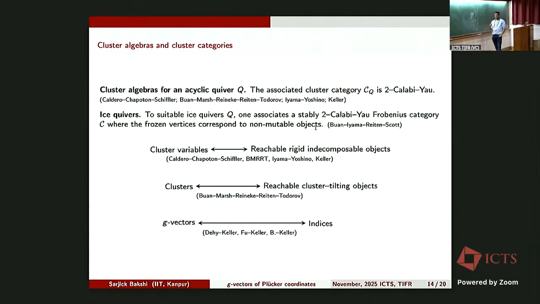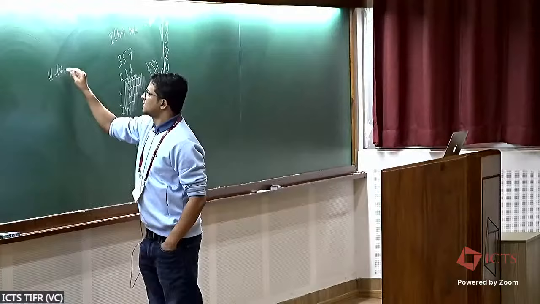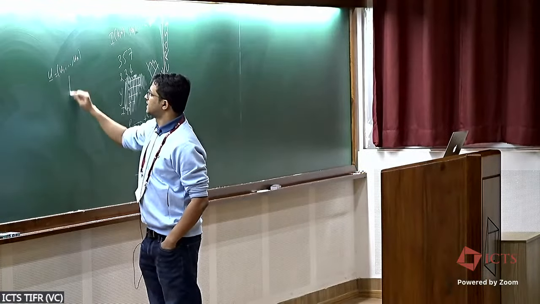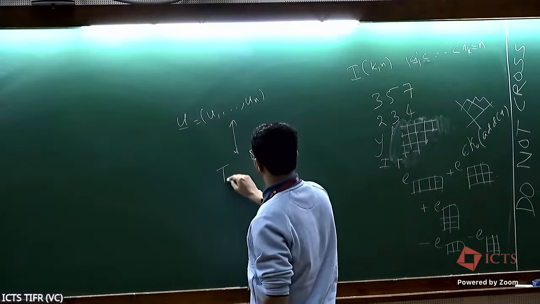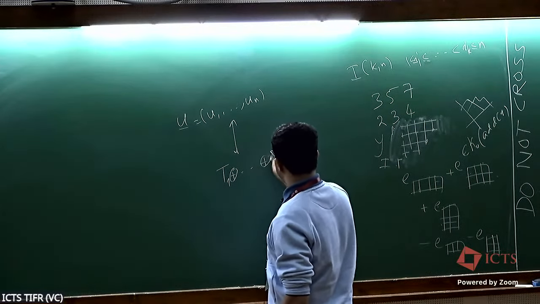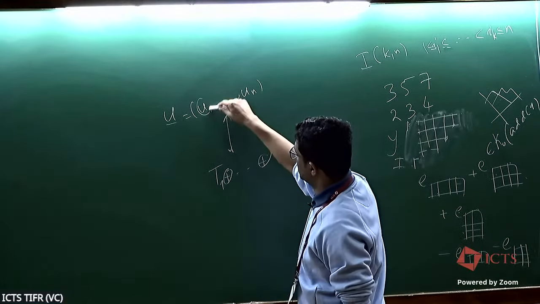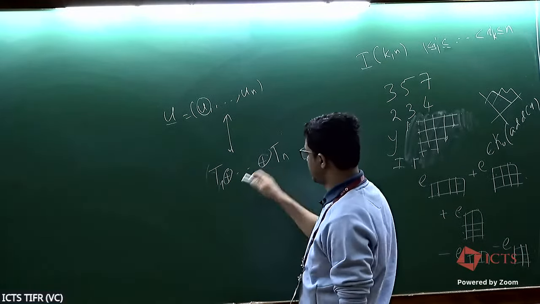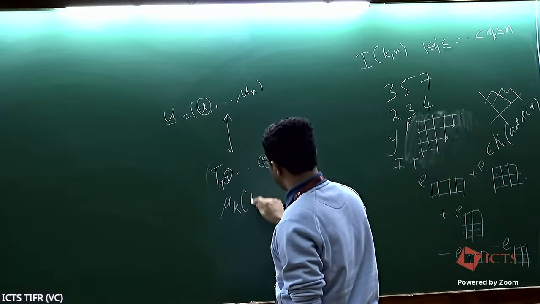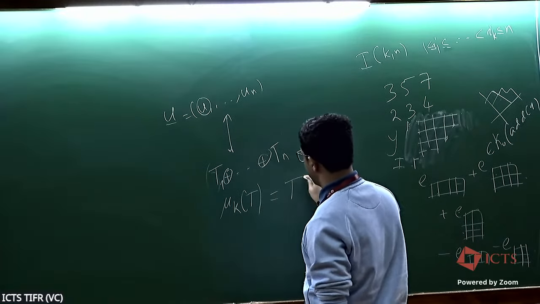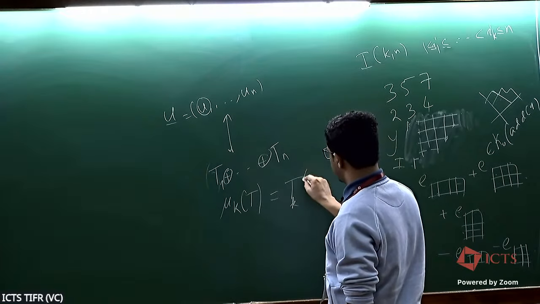So we are interested in the G vectors. You have certain variables, u_1 to u_n, and then you associate a direct sum. This sum is a cluster tilting object. To each variable you get an indecomposable, and then you mutate. For example, if you mutate at some T_k, you get T_k star.